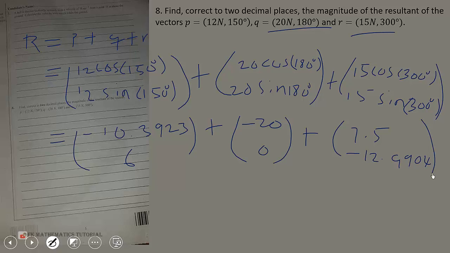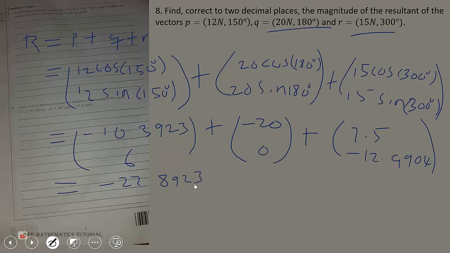So we add all of these by addition of vectors. We get negative 10.3923 minus 20 plus 7.5, which will give us negative 22.8923.